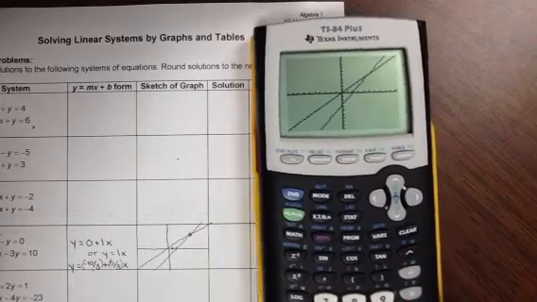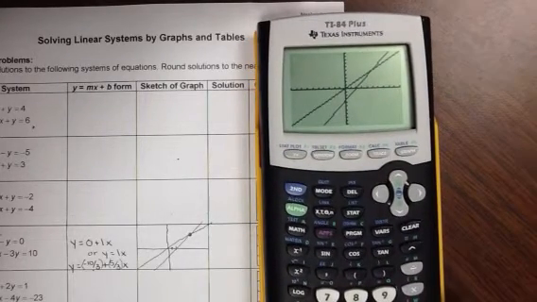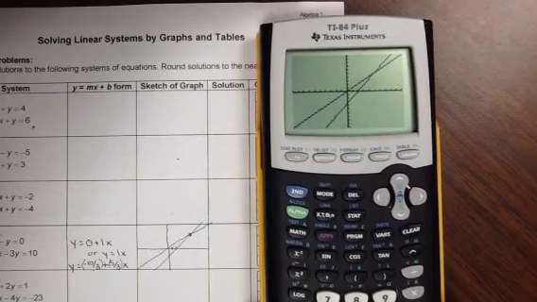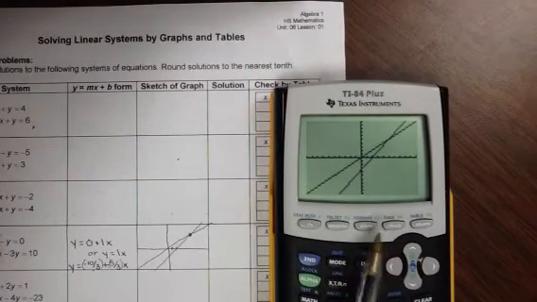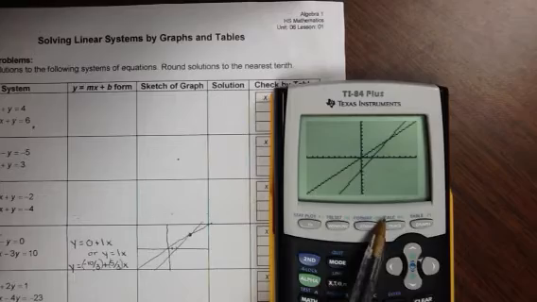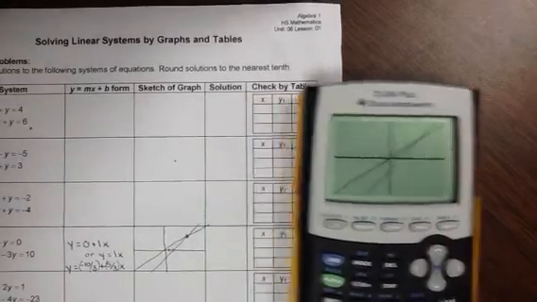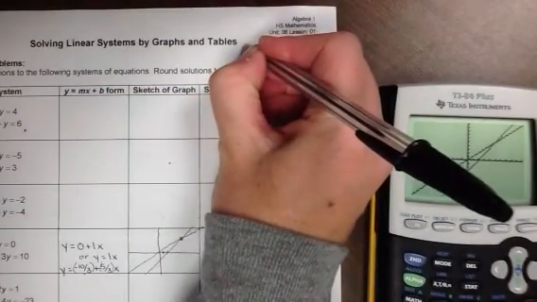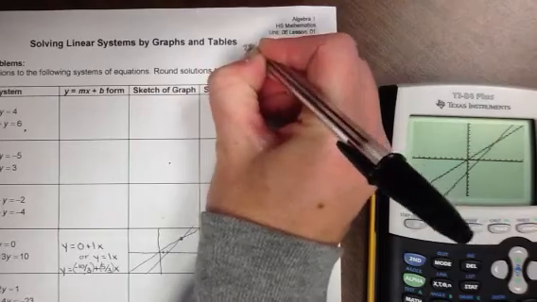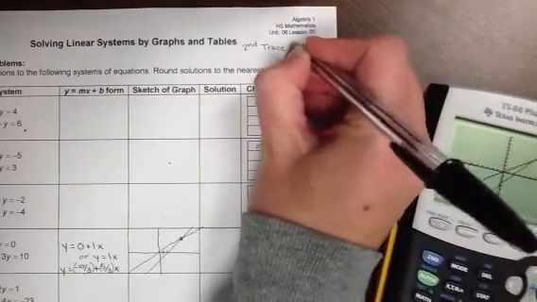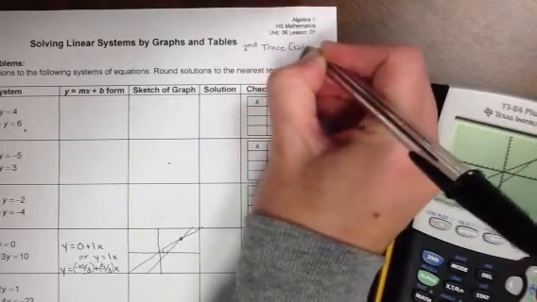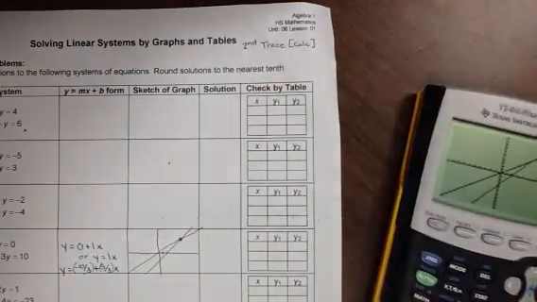The next thing you're going to do is actually use your calculator to solve. And if you need to, you can write the steps up top. So after we put the equation in, we need to go to the calculate menu. So up here at the top, the first thing we're going to do is go to second trace, which is actually the calculate menu.